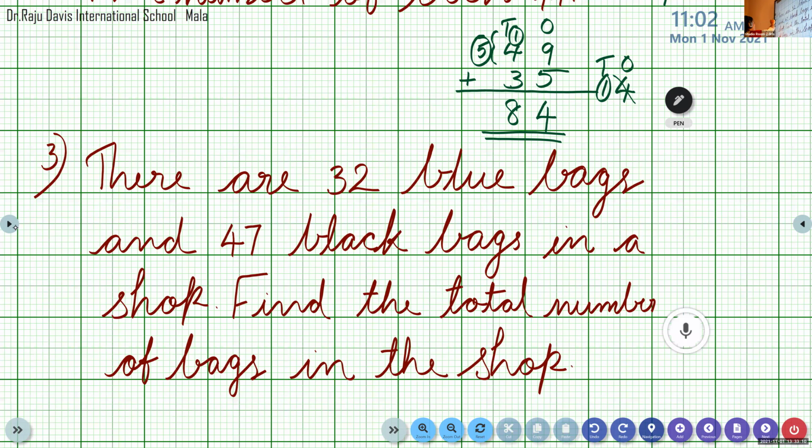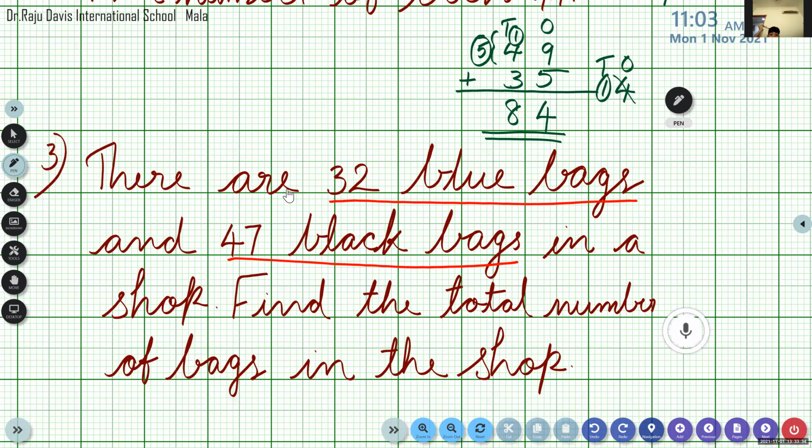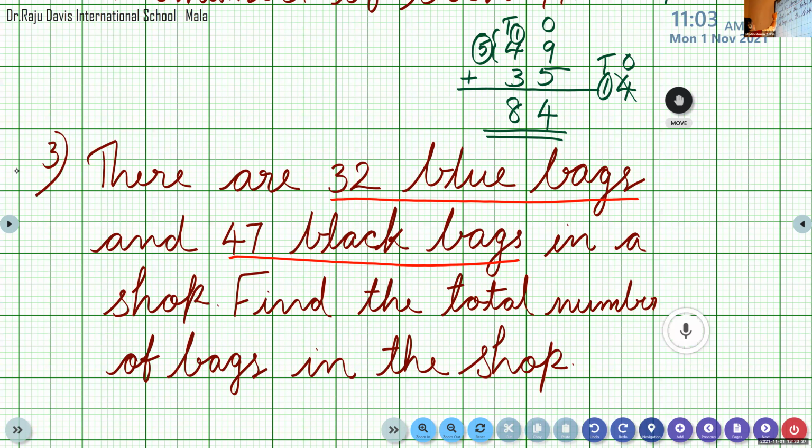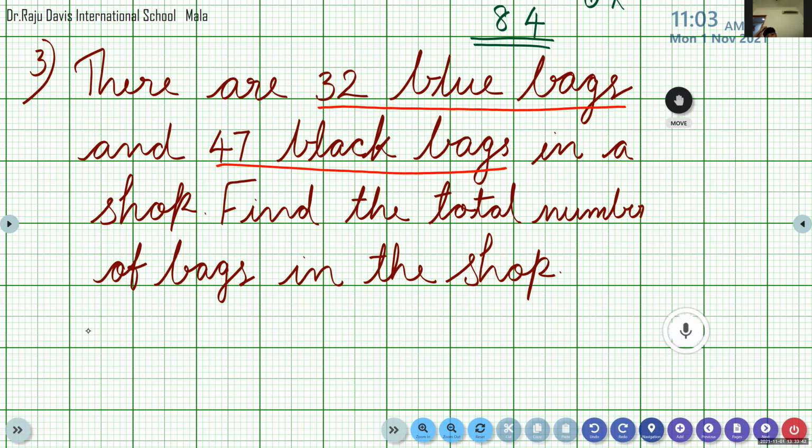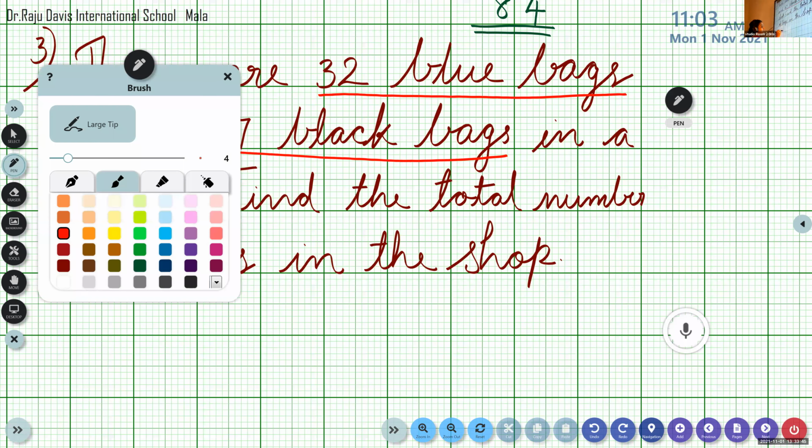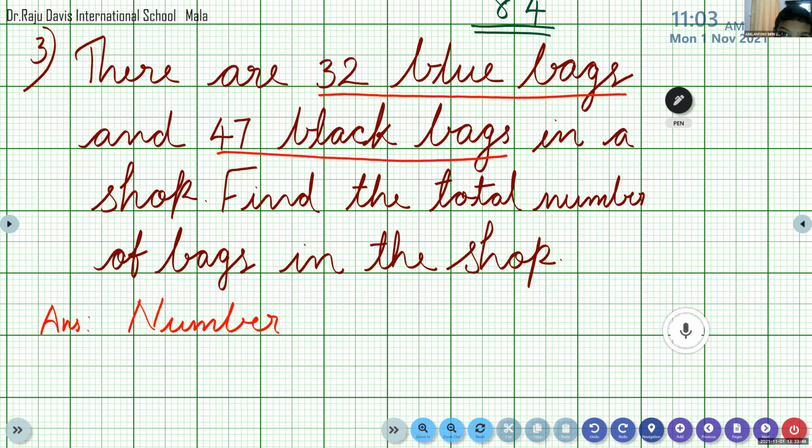Okay, so how to write the steps? You can see here 32 blue bags and 47 black bags. We have to start with number of blue bags. Yes, that is our first step. Number of blue bags.